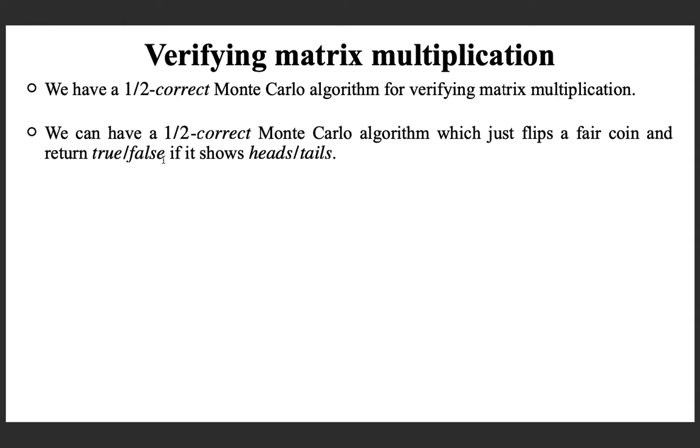You are getting a half correct probabilistic algorithm, right? So what we discussed is not an interesting procedure, because you don't have to do all those things. You just flip a coin. If it turns heads, you return true, otherwise false. This is a half correct algorithm.